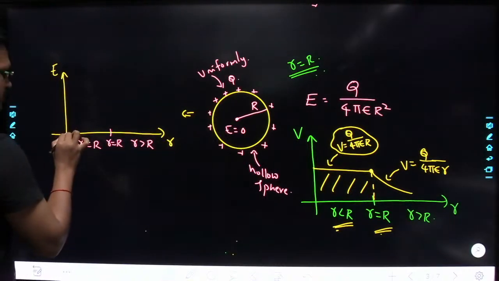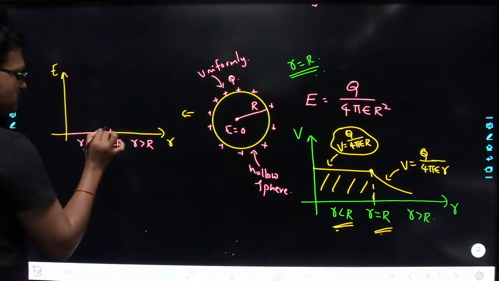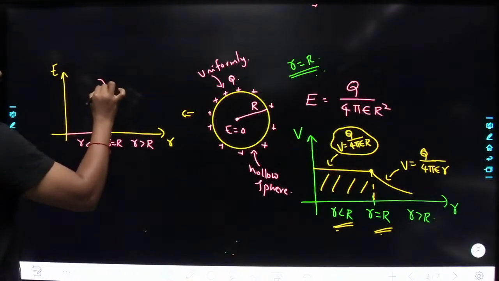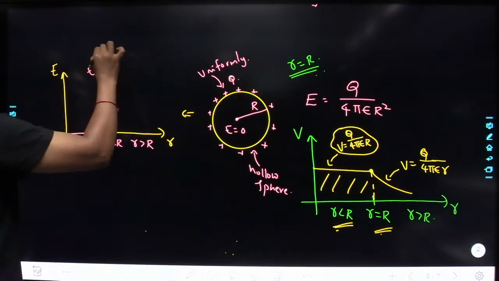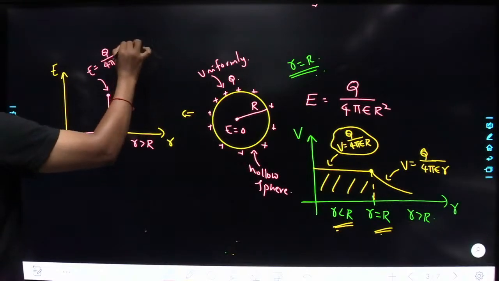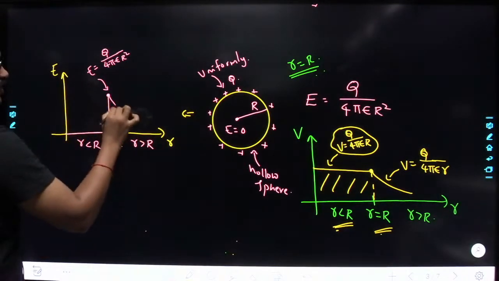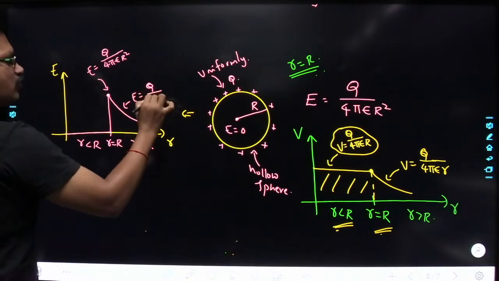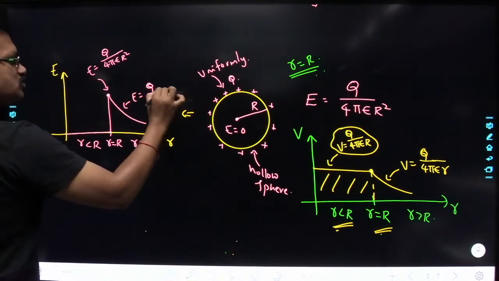Inside the sphere the electric field is equal to 0, and on the surface of the sphere, the electric field is equal to q by 4 pi epsilon capital R square. If you move outside the sphere, the electric field E is equal to q by 4 pi epsilon small r square, right?